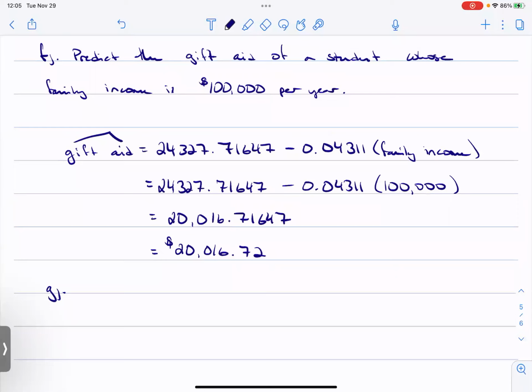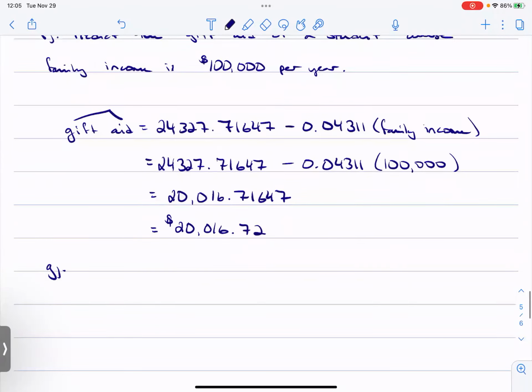How about part G? Now, spoiler alert, I'm going to make you extrapolate and make you say that this prediction is not reliable. How am I going to do that? Well, here we go.